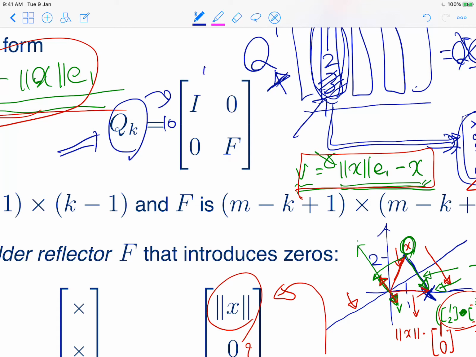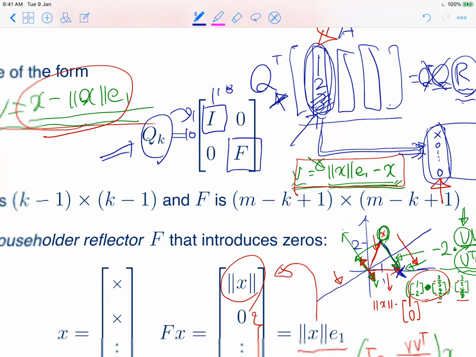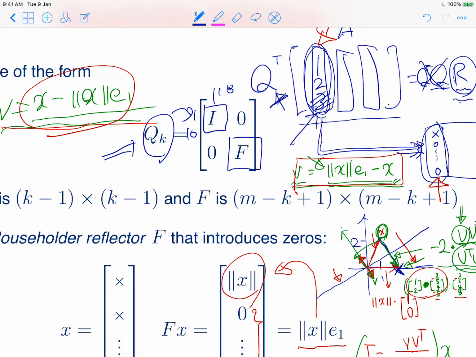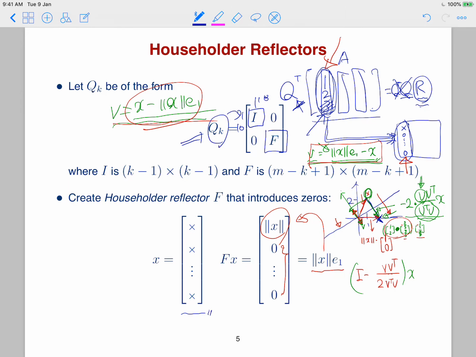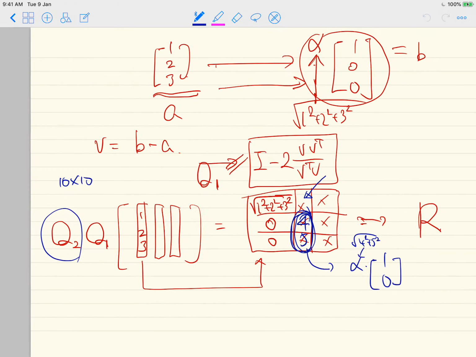It's a 10 by 10, and then we have a 1 by 1 identity matrix, and over here we have a 9 by 9 reflector matrix. Okay, so in this case, if we form the second matrix in this way, then see.